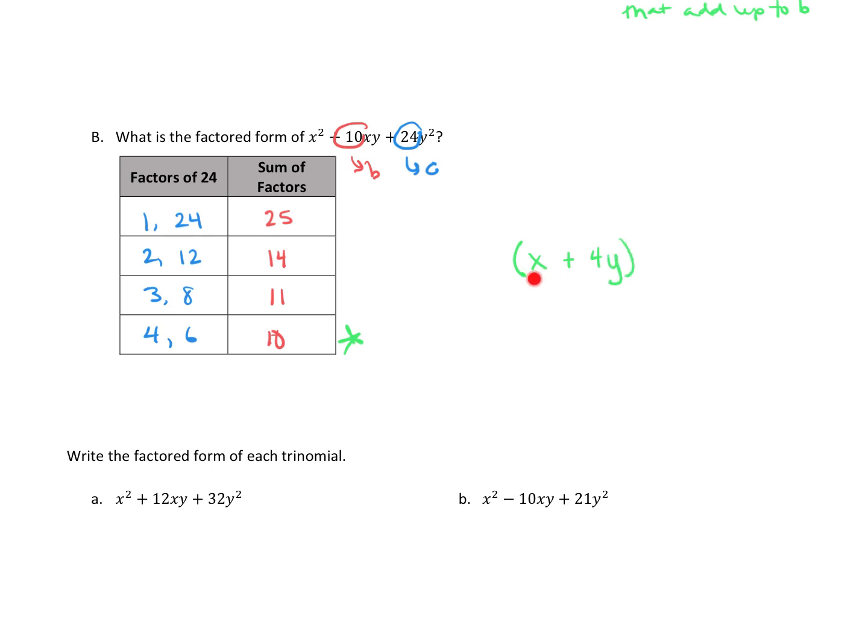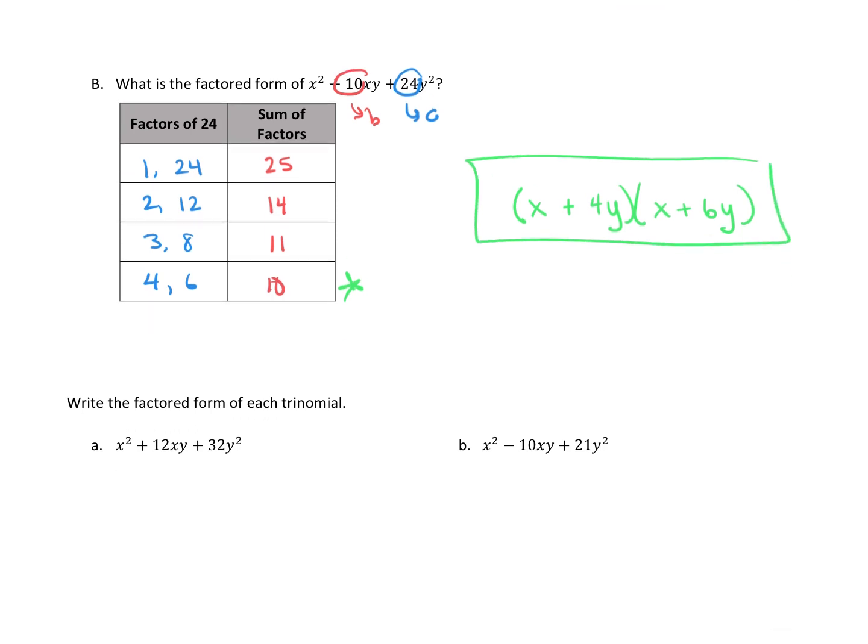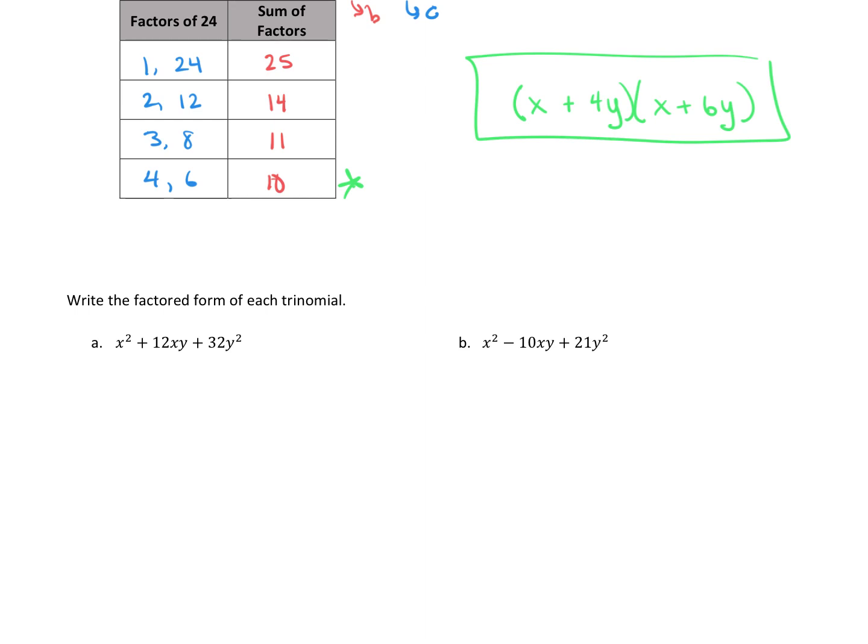So the x is in the first term, the y is in the second term, and it's just going to hang out with that factor that we had over here. The second binomial will be x plus 6y, and that is our factored form of that trinomial. So hopefully it feels very similar to what we've been doing, but because of the y squared, we do have to include y's with those factors.